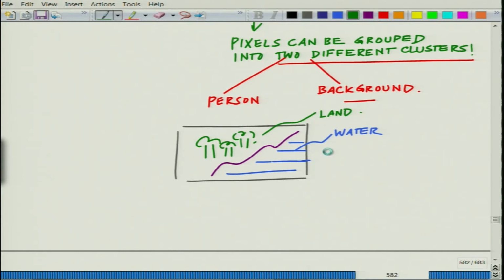Then you take the image and cluster the pixels into the land region and the water region, all right.